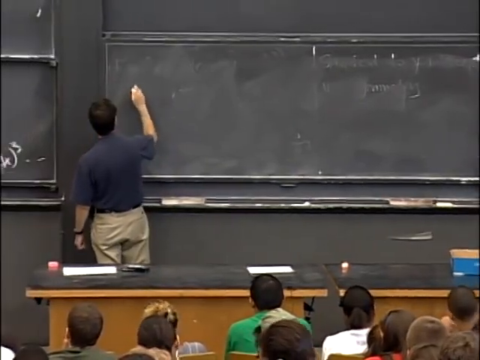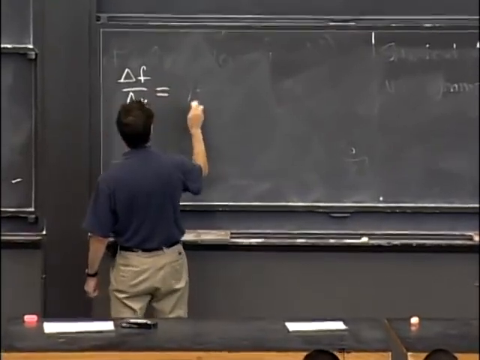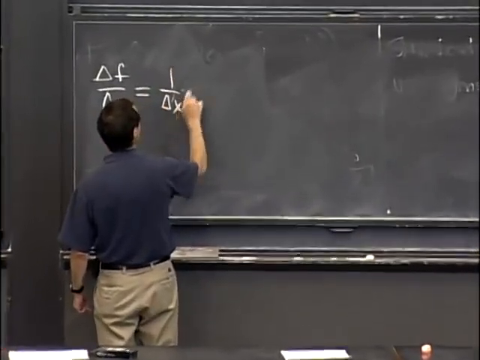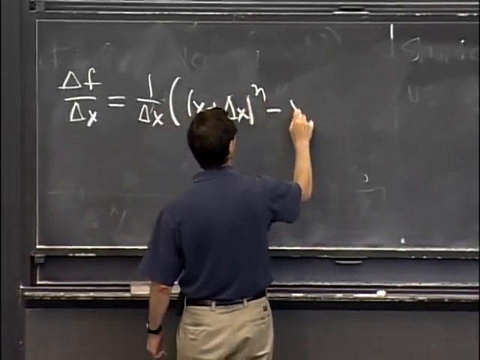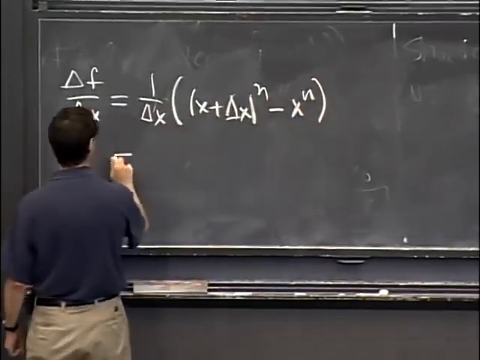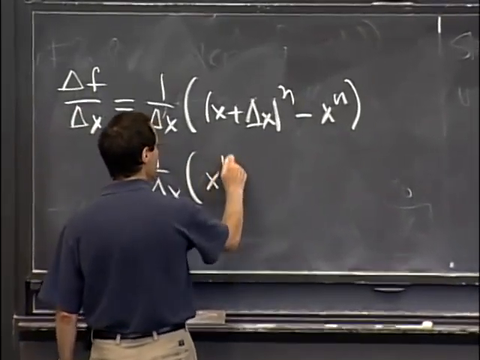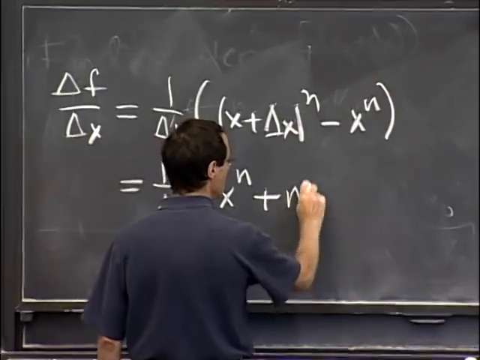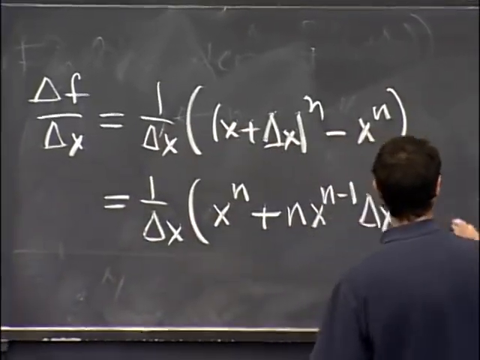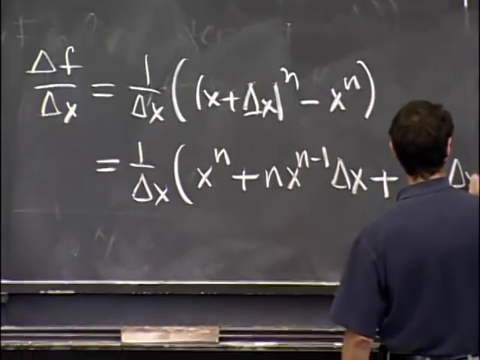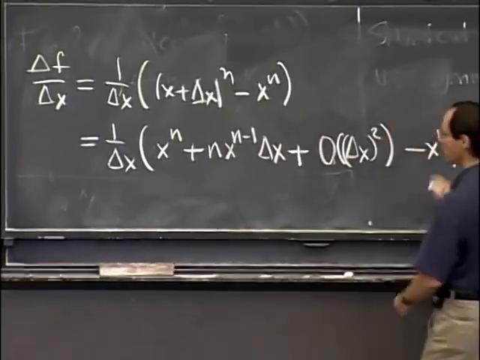We have delta f over delta x, which remember was 1 over delta x times this, which is this, times, now this is x to the n plus n x to the n minus 1 delta x, plus this junk term, minus x to the n.